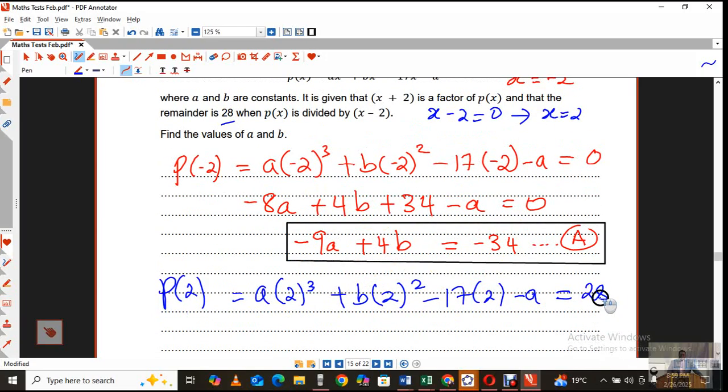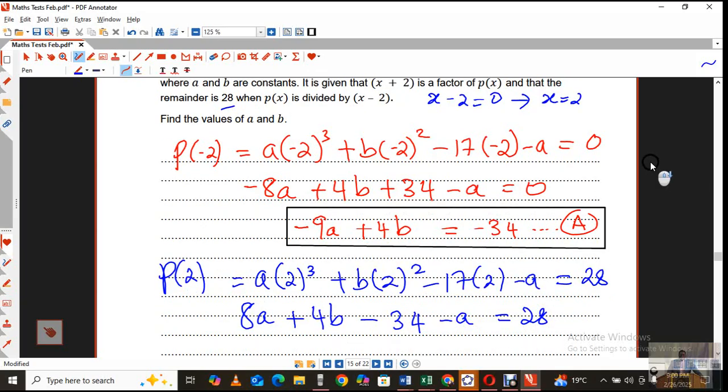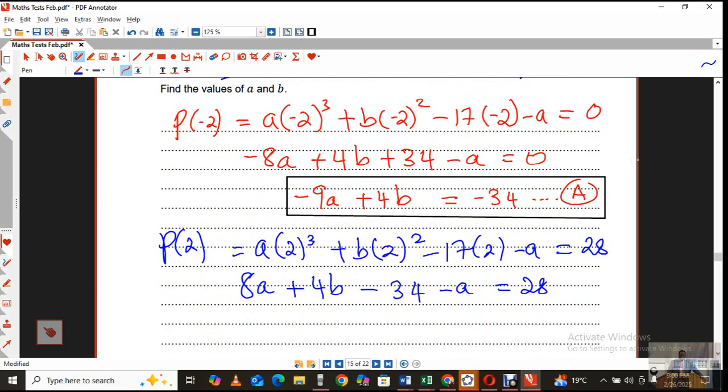Okay, let's clean up this one and see what our next equation is. So that is 8a, that's 2 cubed, plus 4b, that's 2 squared, plus b, minus 17, so this is minus 34. Just make sure that you don't get confused here. Minus a is equal to 28. So 28 and 34 must go in mid. And 8a minus a gives you 7a.